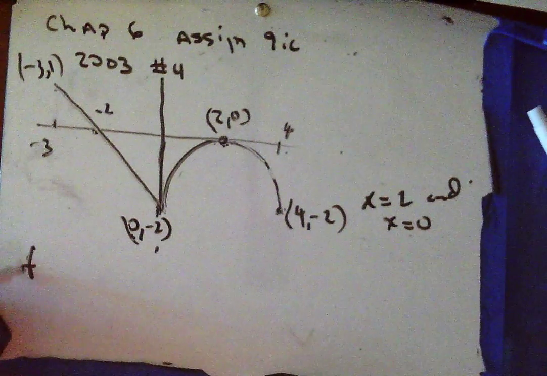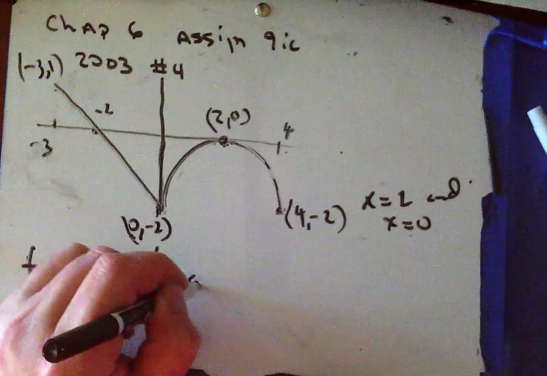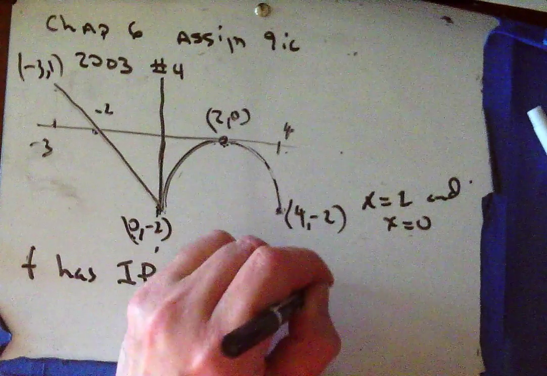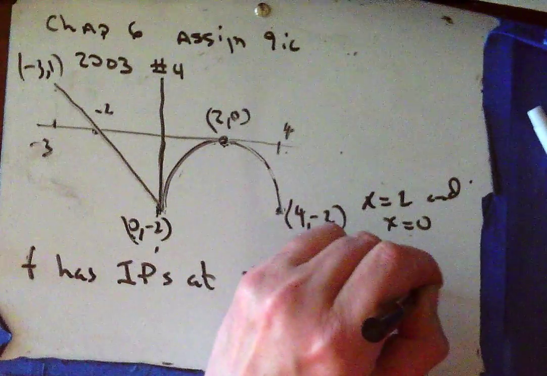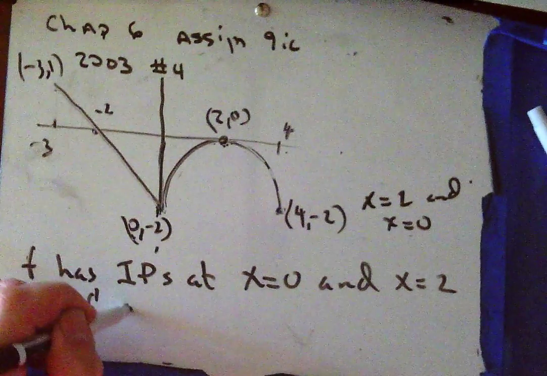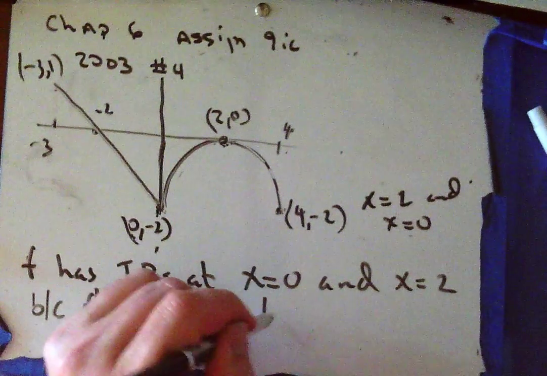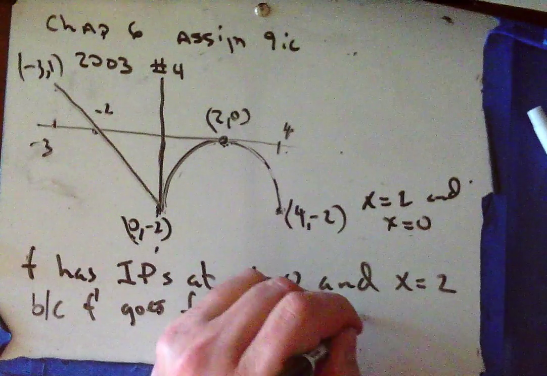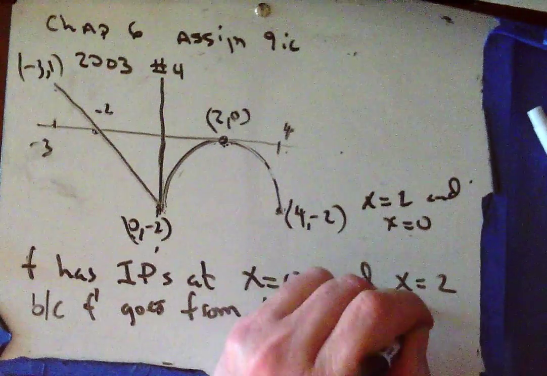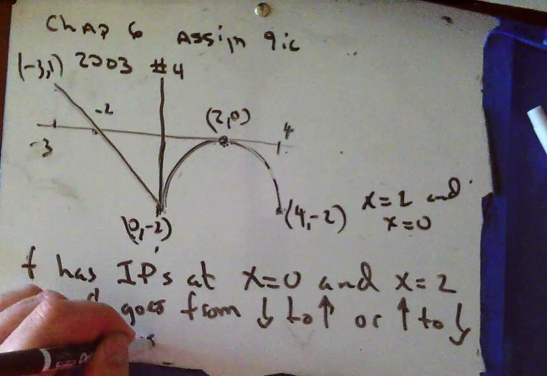So I'm going to say that f has inflection points at x equals 0 and x equals 2 because f prime goes from decreasing to increasing or increasing to decreasing at those points.